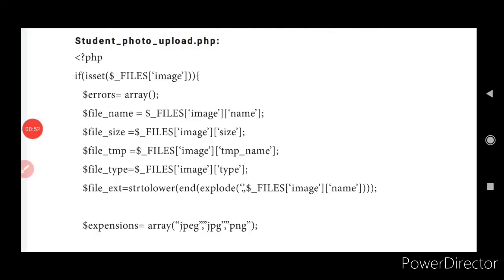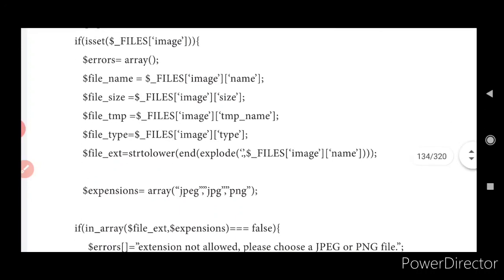This is used for uploading a file. First we check in the if condition whether the picture is available. In case it is not available, it will show an error message. Else it will show you the file name, the file size, and what type of file we are using, the image types.